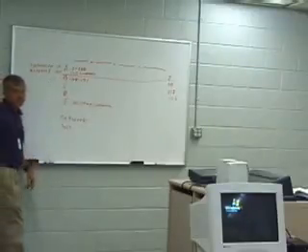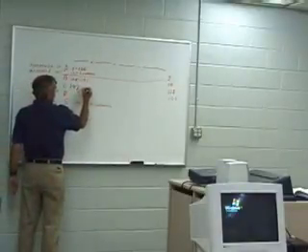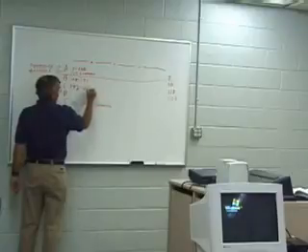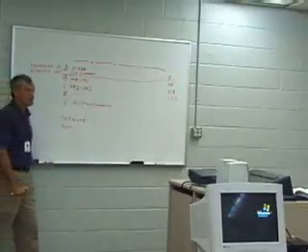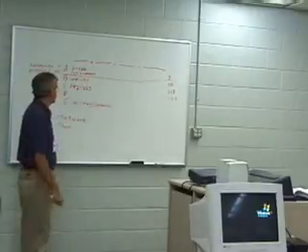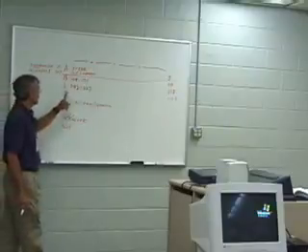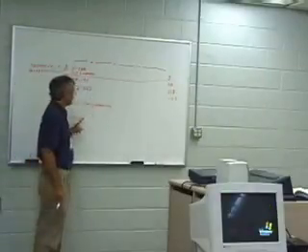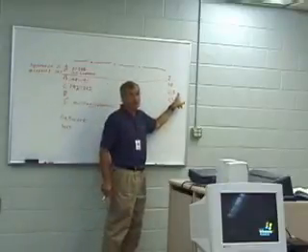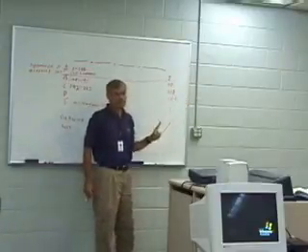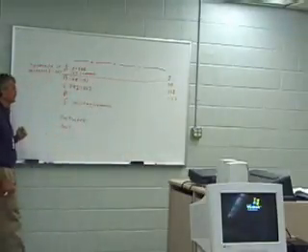Class C is going to be 192 through 223. Again, working off of a 1, 1, 0, and then the remaining 5 bits we can assign them on or off.